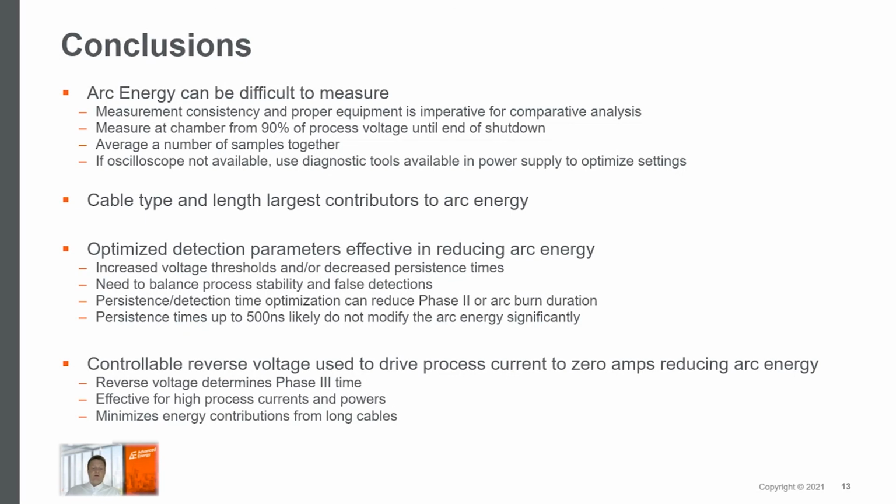Persistence times up to 500 nanoseconds likely do not contribute significantly to arc energy, and you can use the persistence time to help qualify arcs. Controllable reverse voltage is used to drive process currents to 0 and reduce arc energy, largely in phase 3, the active response of the power supply. These are effective for high process currents and powers and for minimizing the energy contributions from long cables.